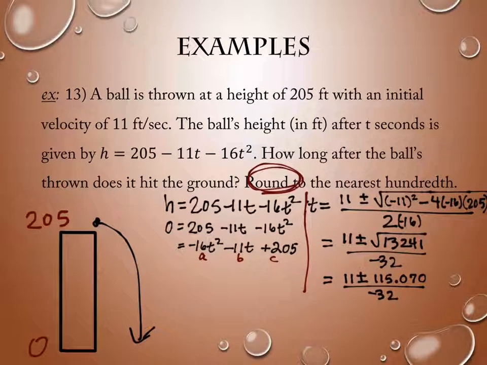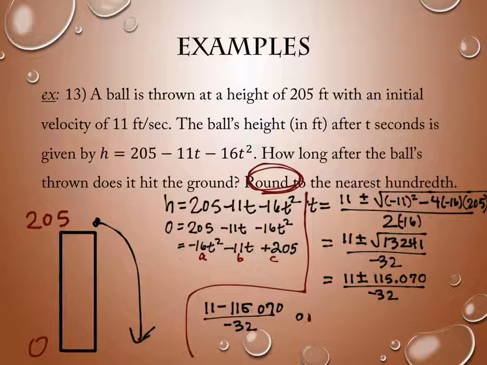Over negative 32. So there are 2 choices. One is 11 minus 115.070 over negative 32.